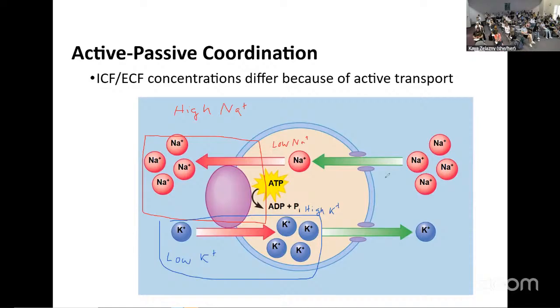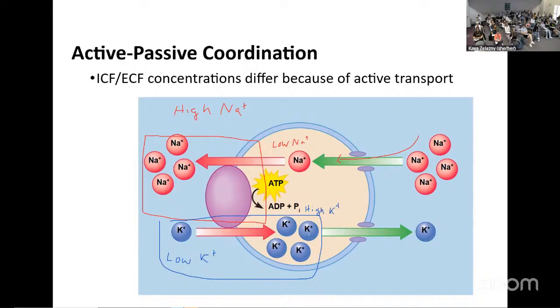And then on the right-hand side, you can see what that means for passive transport if we open up a channel and allow sodium or potassium to move through a channel. That's going to affect the directions in which these molecules move, right? So in this case, we see the passive direction for sodium through this channel is from that high concentration in the extracellular fluid to the lower concentration inside the cell.